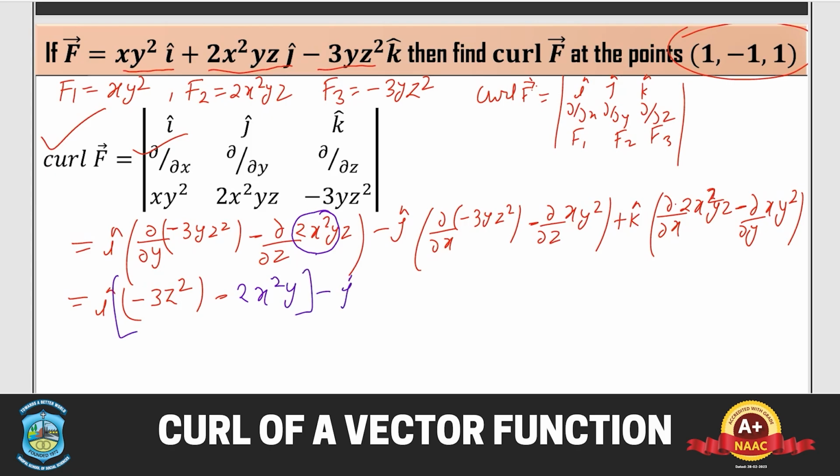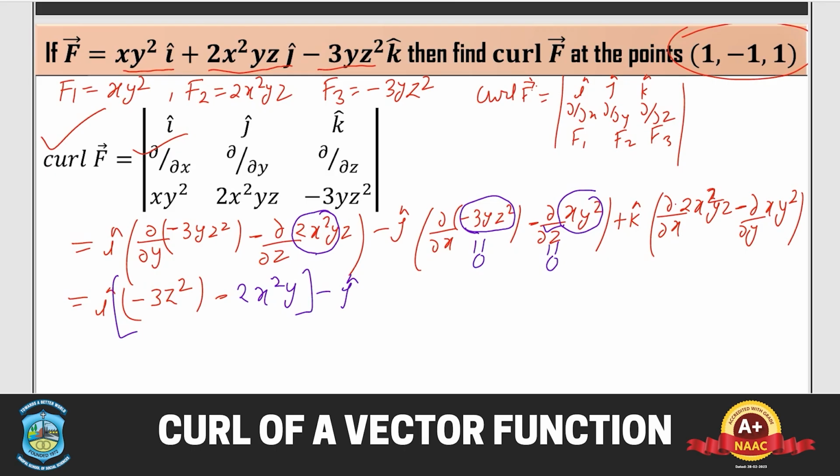Minus j cap. Likewise, when we differentiate 3 y z square with respect to x, this whole term deals like a constant. Therefore, the value of this partial derivative is equal to 0. Similarly, when we differentiate x y square with respect to z, this term is a constant with respect to z and the value of this partial derivative is also 0.